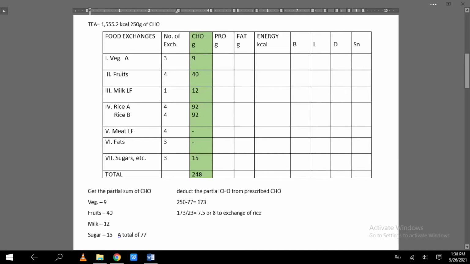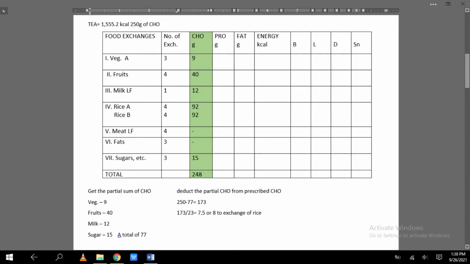Get the partial sum of carbohydrates, which is vegetable is equivalent to 9, fruit is 40, milk is 12, and sugar is 15, with a total of 77. Now, deduct the partial carbohydrates from prescribed carbohydrates. 250 less 77 is equal to 173.